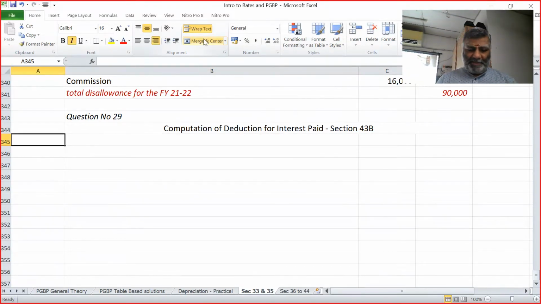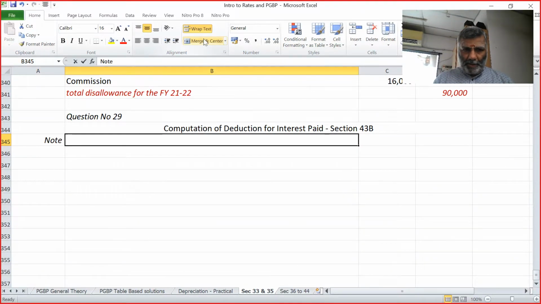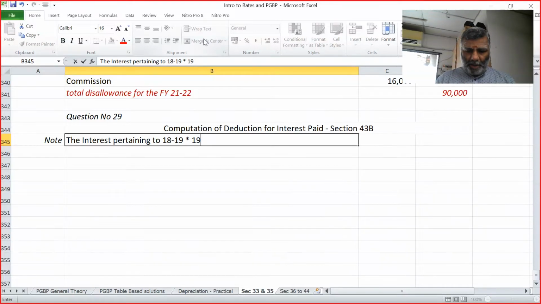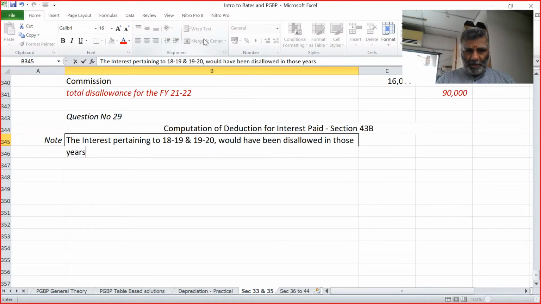As a note, I will just write and keep so that you are clear. This interest pertaining to 1819 and 1920 would have been disallowed in those years as it is not paid within the due date of filing returns.